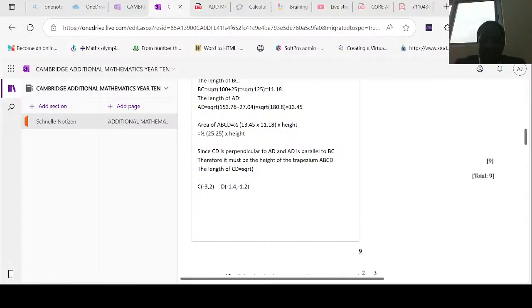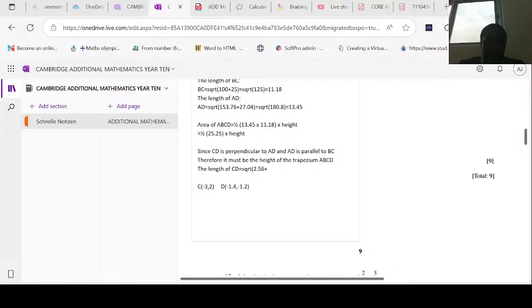Okay, good. So that will be 2.56 plus, now we have 2 minus negative 1.2, that will be 2 plus 1.2, which will be 3.2, right? So 3.2 whole square will be 10.24.